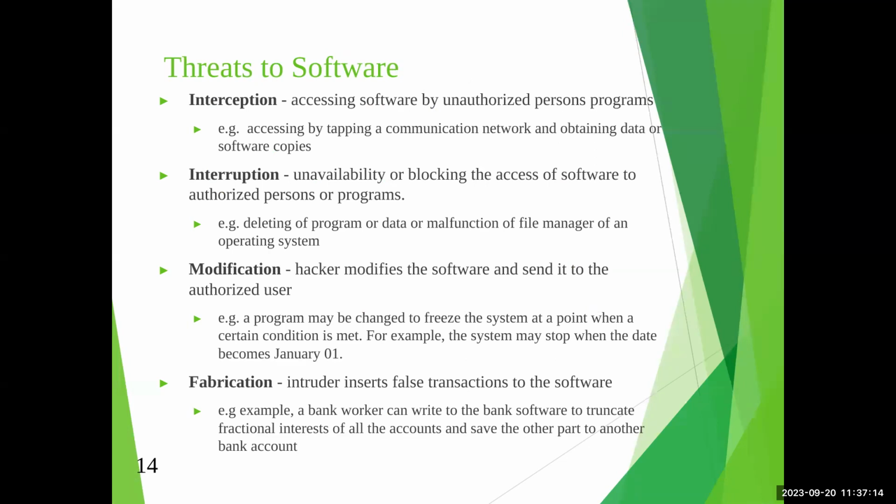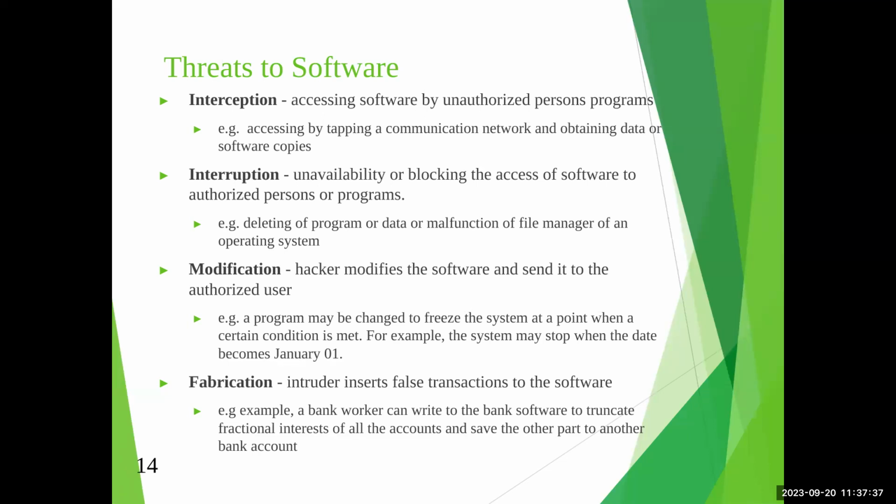Interruption is unavailability or blocking of access to software for authorized persons or programs. Modification is when a hacker modifies the software and sends it to the authorized user. That is completely modified. For example, a program may be changed to freeze the system at a point when a certain condition is met.